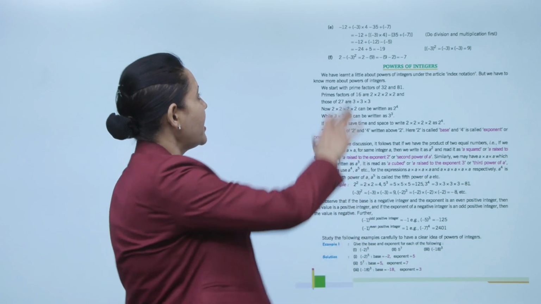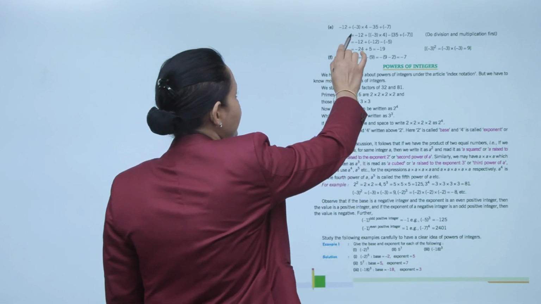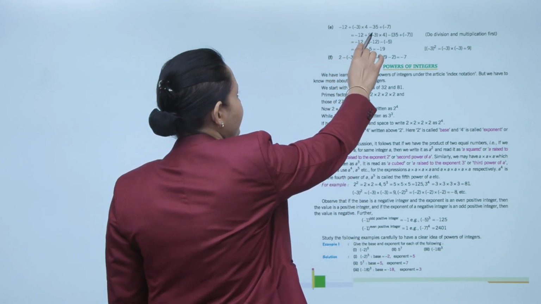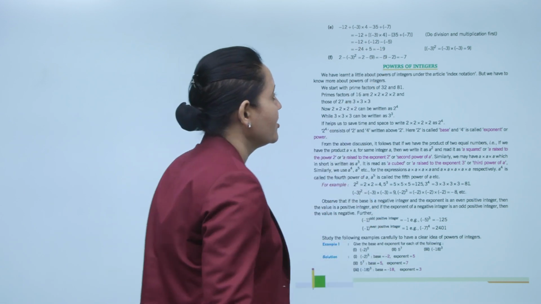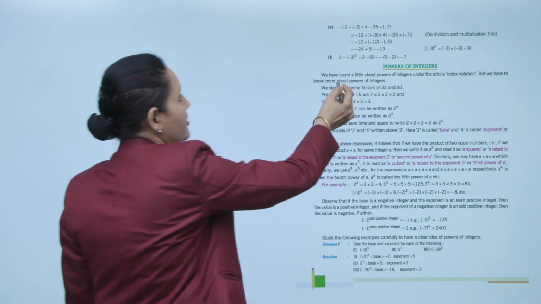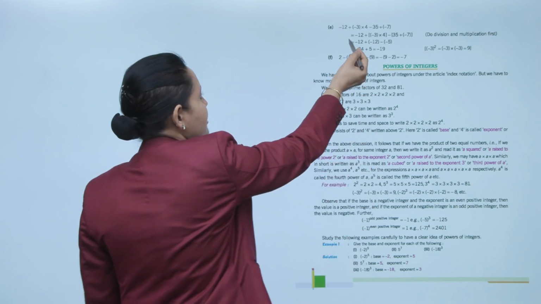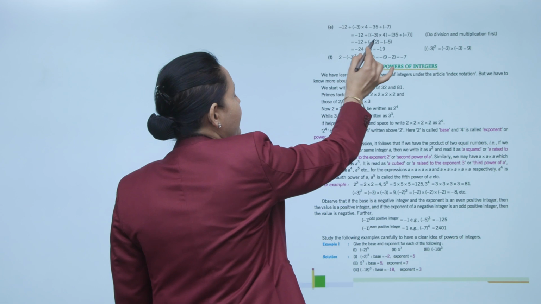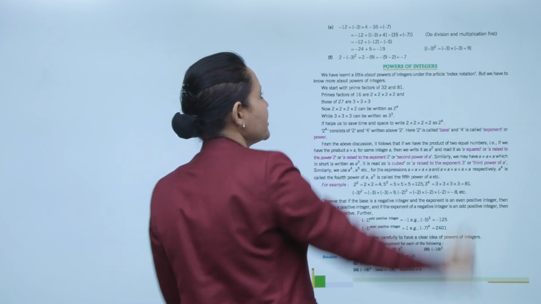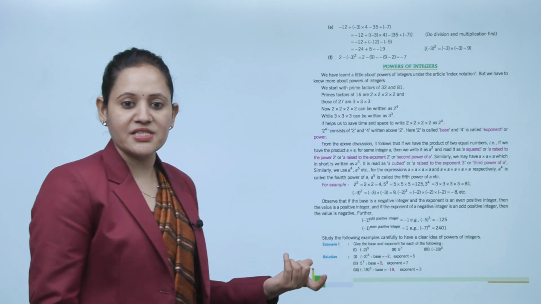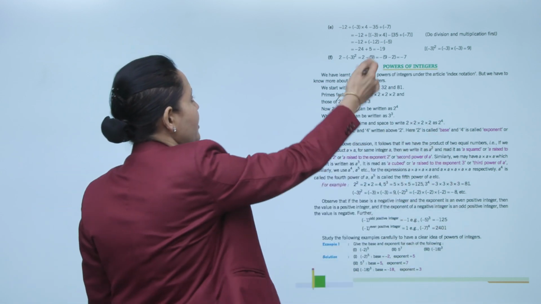Next, -12 plus -3 into 4, minus 35 divided by -7. So first क्या करेंगे हम, division and then multiplication. So पहले division करेंगे, 35 को -7 से divide करेंगे, that is equal to -5.